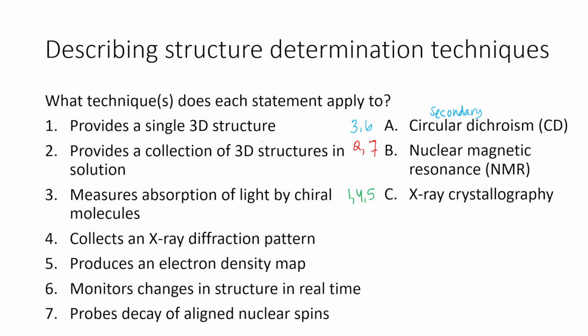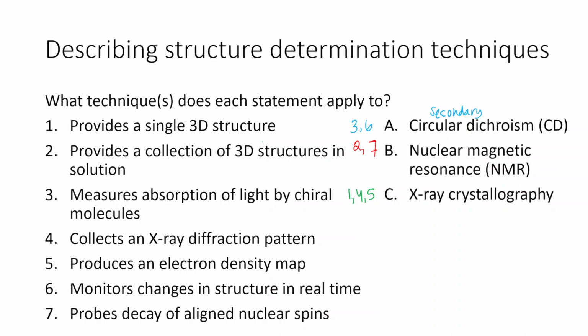X-ray crystallography gives a single 3D structure. That comes from how this technique works. X-ray crystallography works by very carefully and painstakingly making a crystal structure out of a protein. That crystal structure is going to be that one most stable, ideal shape and structure for that protein.